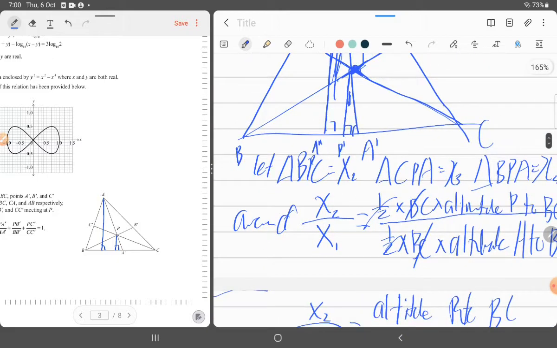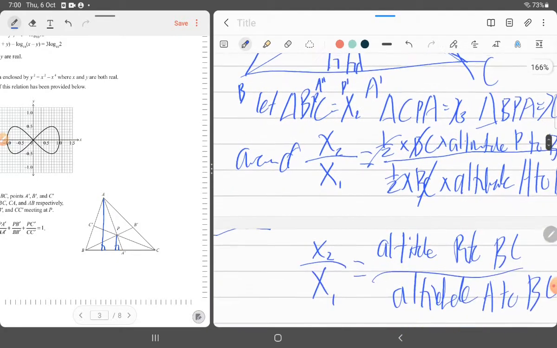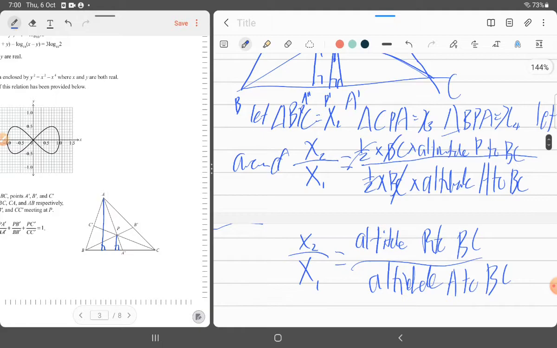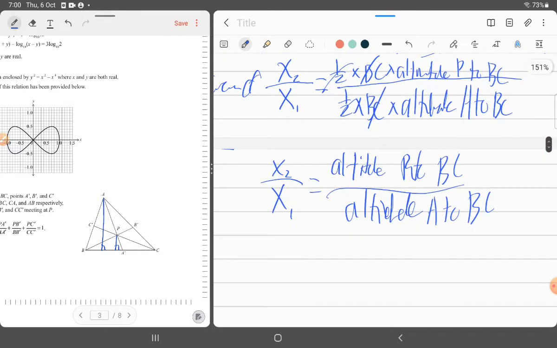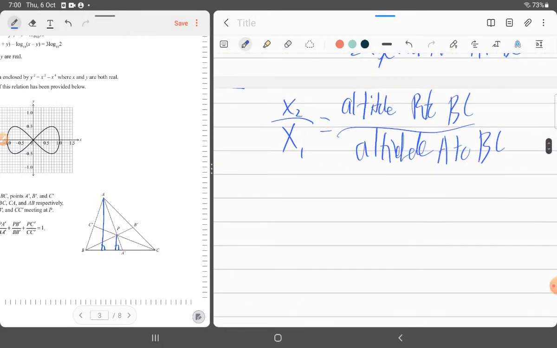So here and here, P and A dash, and here was P dash, A dash dash.